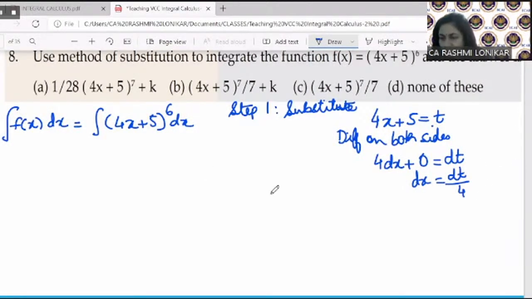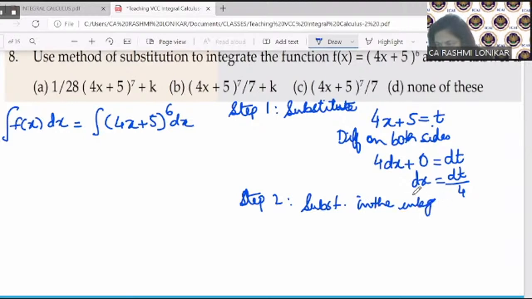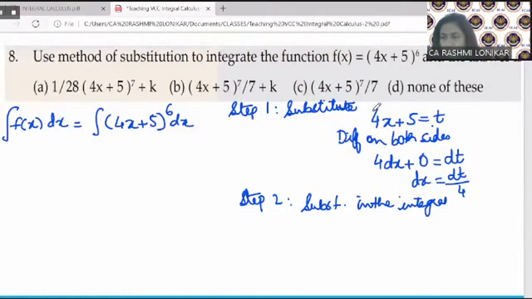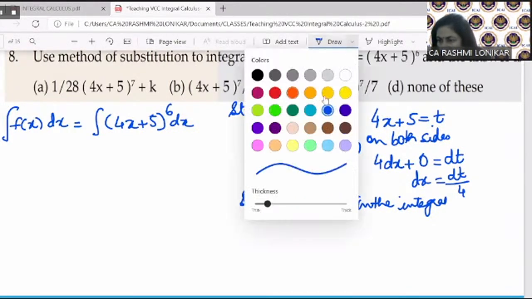So step 2 will be substitute in the integral.